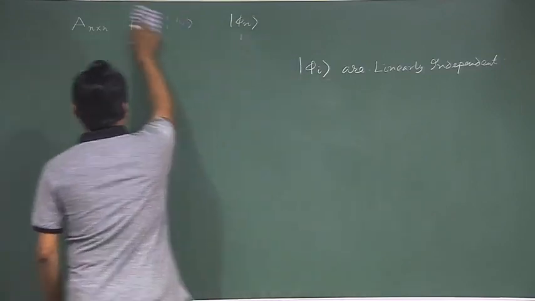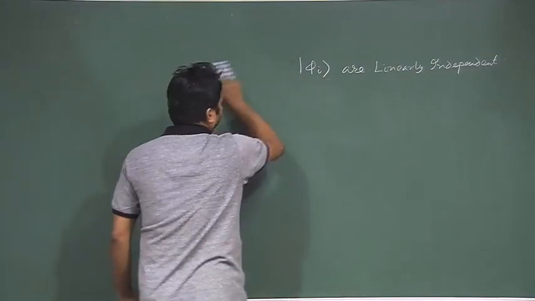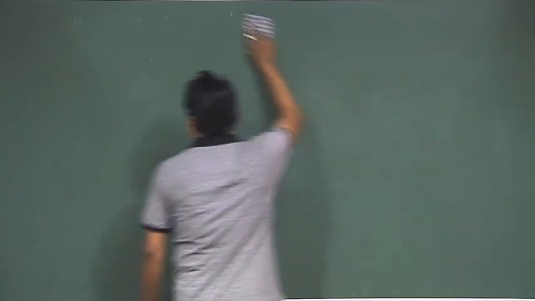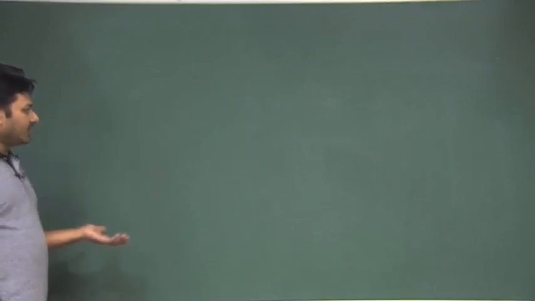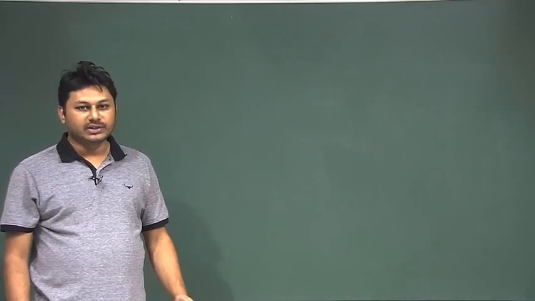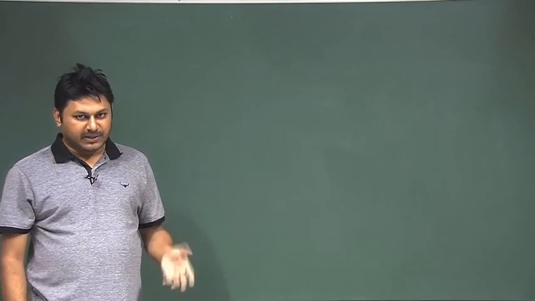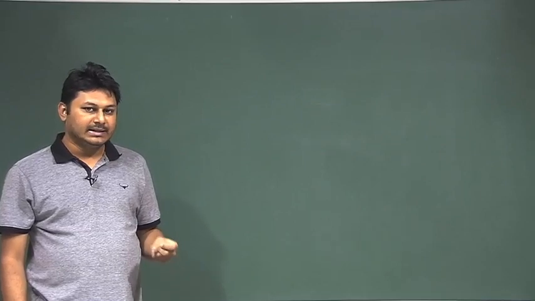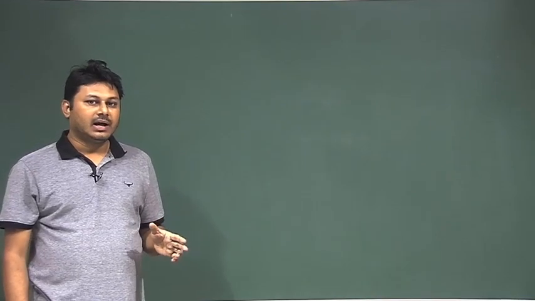So, now we know that if a matrix has eigenvectors phi 1, phi 2, phi 3 with distinct eigenvalues, then these eigenvectors are linearly independent. Now, we go further, because linearly independent eigenvectors can be orthogonal to each other, and is there any special condition so that the linearly independent eigenvectors are orthogonal?